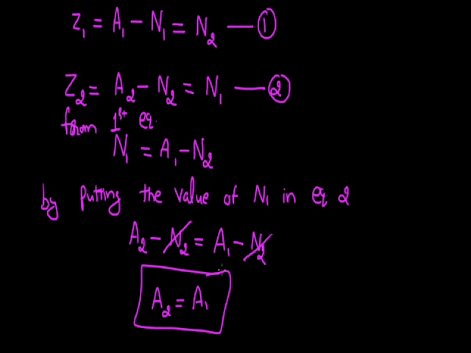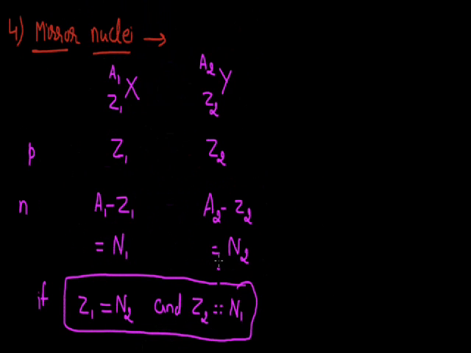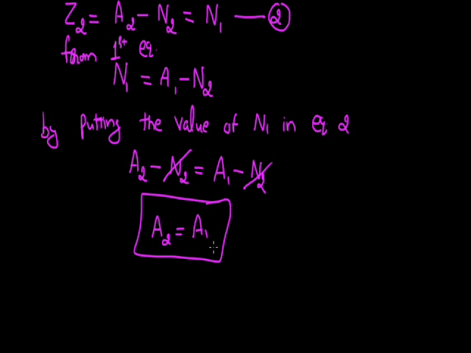Now these mirror nuclei can be defined as pairs of isobars, as we have derived that these mirror nuclei will have the same atomic mass number.